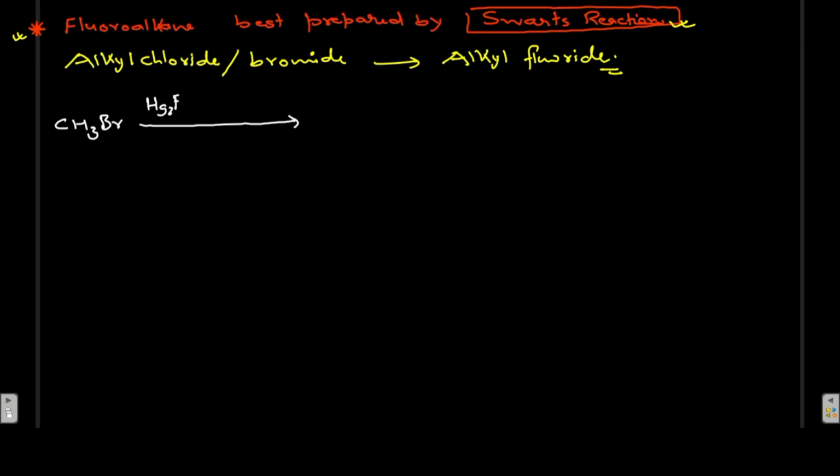Sorry, mercury fluoride, or silver fluoride, or cobalt fluoride. This is Co, small o, cobalt fluoride. So I told you this is very important. If you don't remember the other reagents, what will be formed? CH3F.